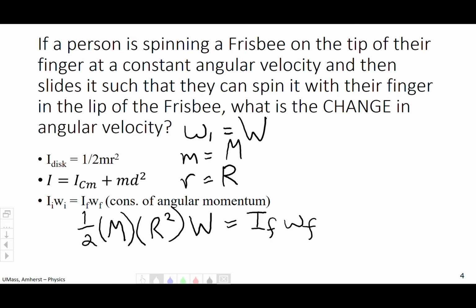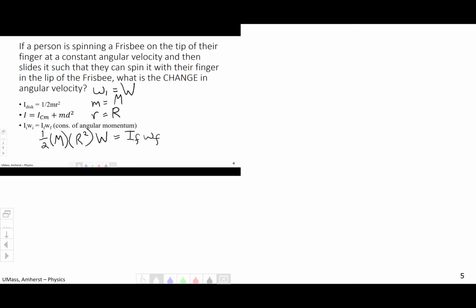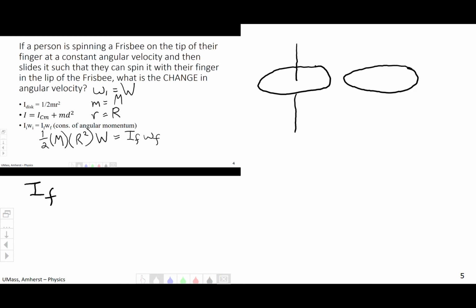So how do we find I final? Let's think about the situation. We started with a frisbee spinning around its own axis, and what we end with is a frisbee spinning around this axis.